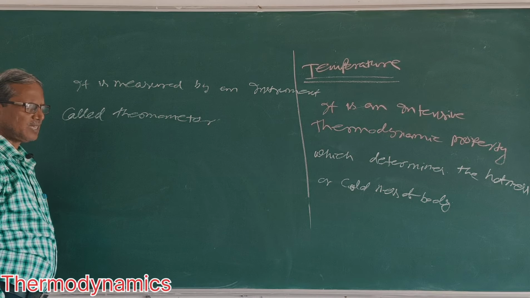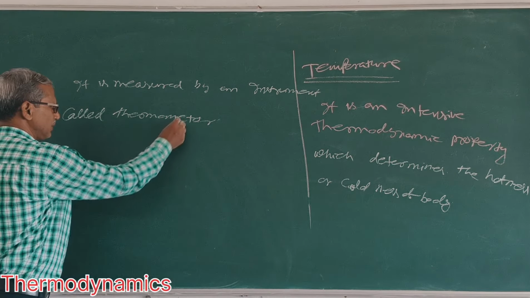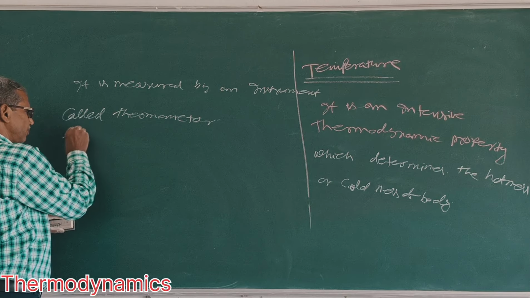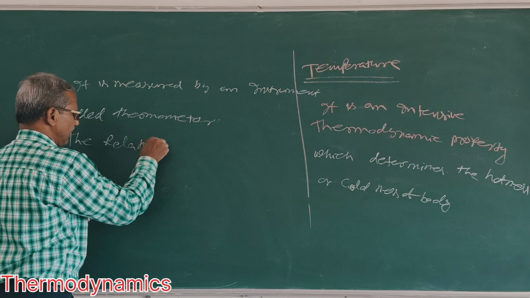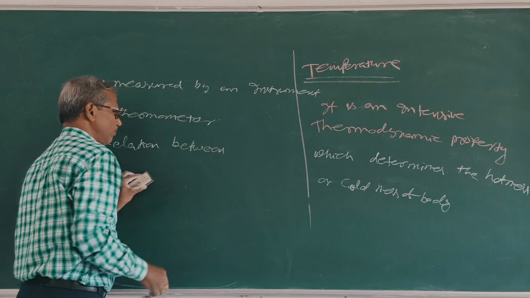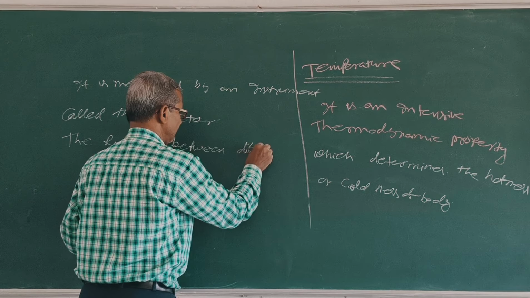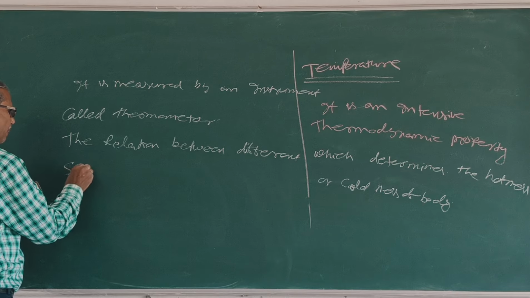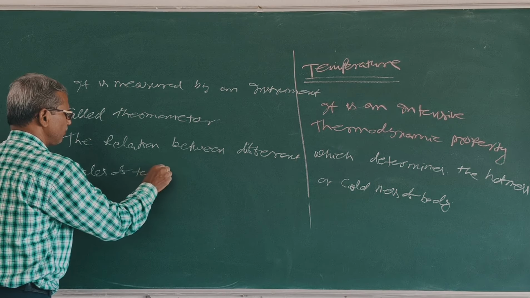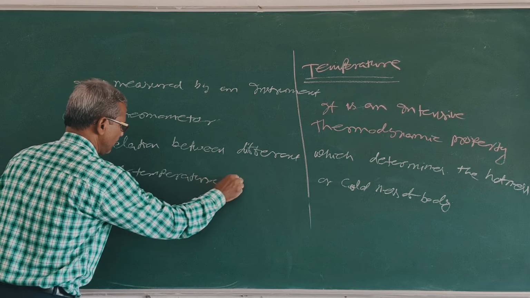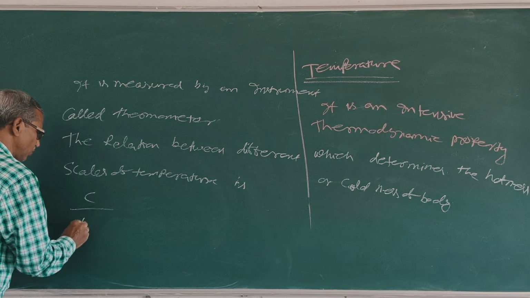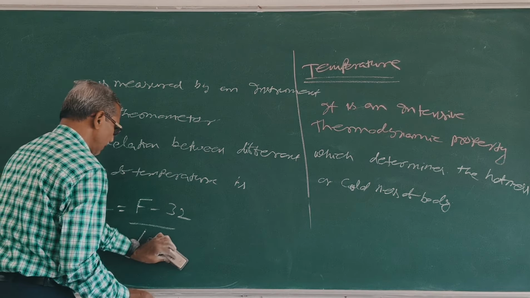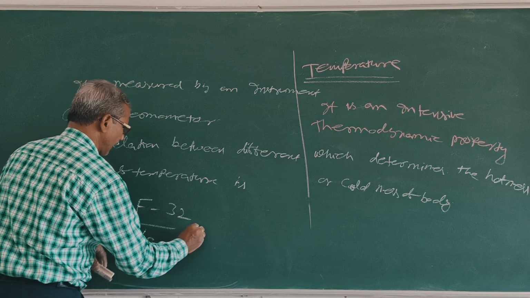So the relation between different scales of temperature is C by 100 is equal to F minus 32 by 180 is equal to R by 80.